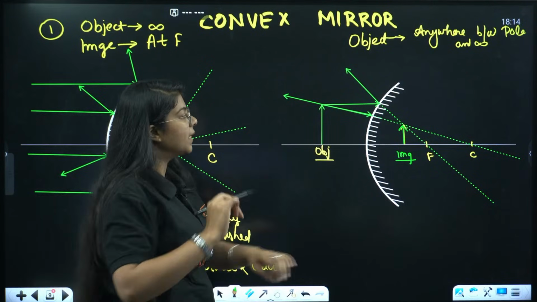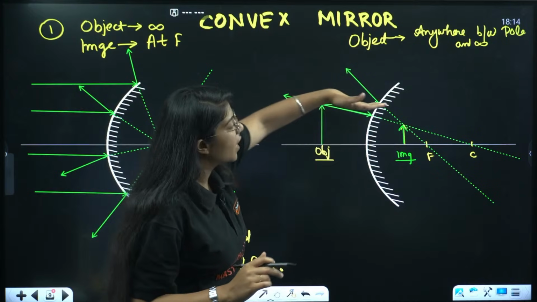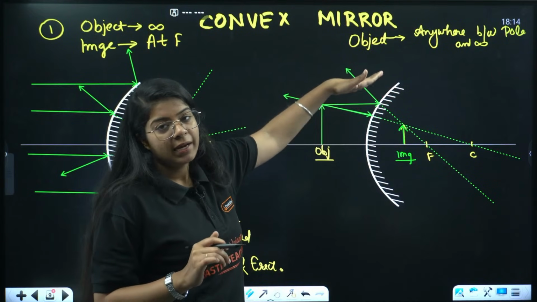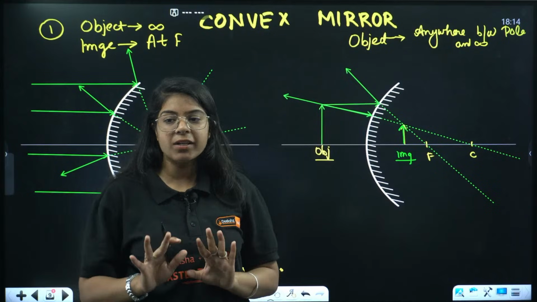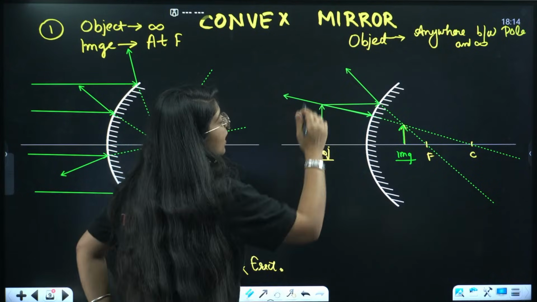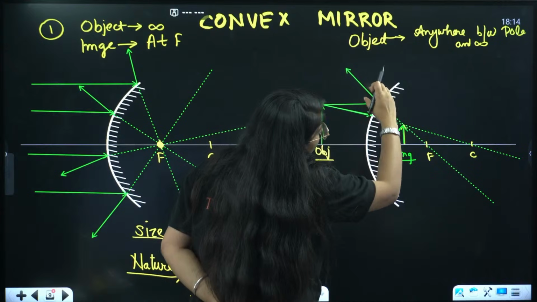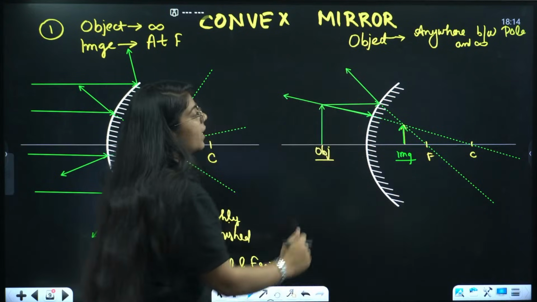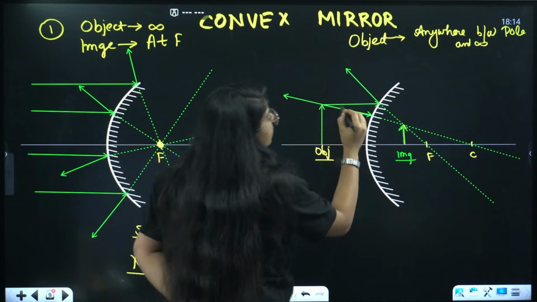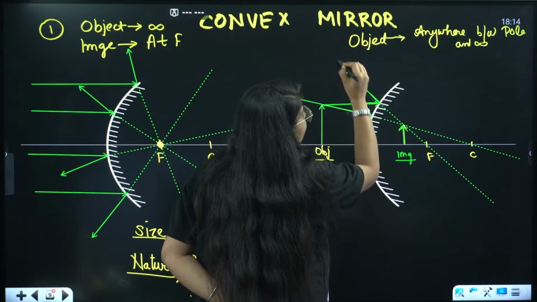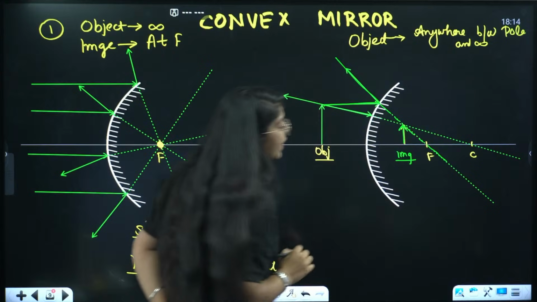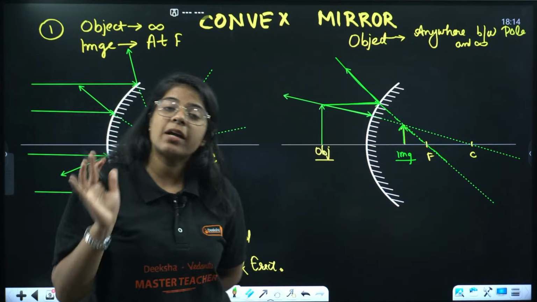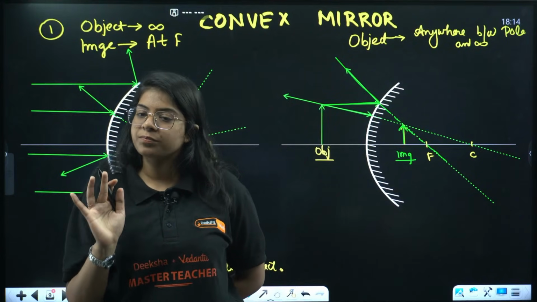When the ray is hitting the convex mirror, it is coming back. It is not going behind the mirror, right? Till here it is true. It is going back, and when we extend the actual ray, this ray goes like this and reflects back. So we extend this ray behind and we see that it is actually passing through the focus. ठीक है?